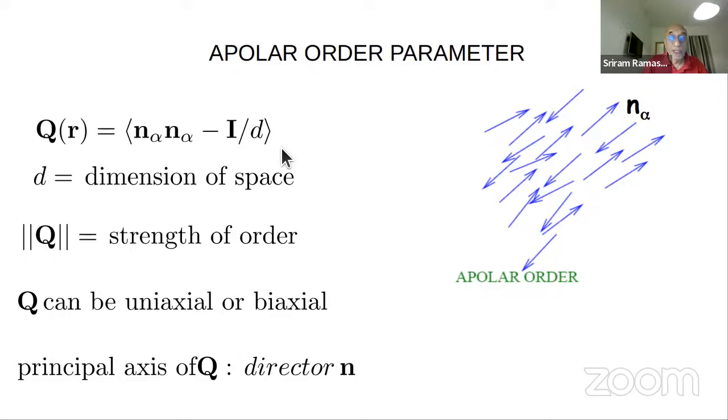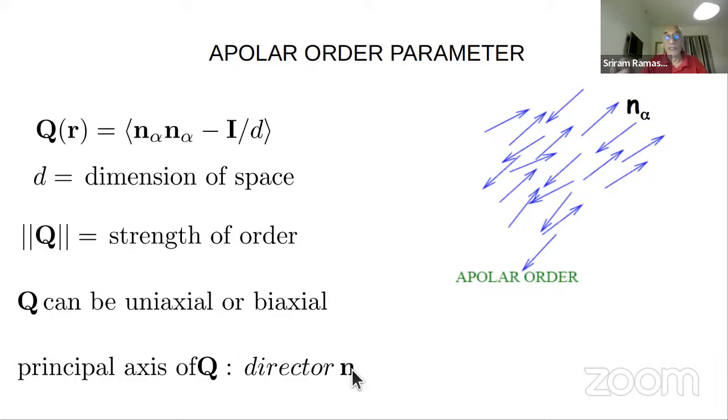So this combination tells you the degree to which locally these ends are anisotropically distributed. The norm of this tensor, where you square the components, add them, and take the square root, tells you how ordered it is. And the principal axis of this tensor, you can think of as the local axis of alignment.